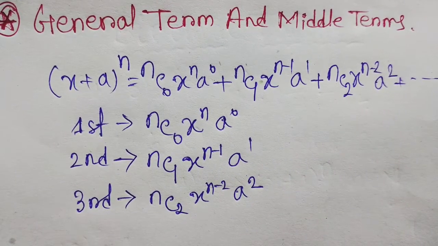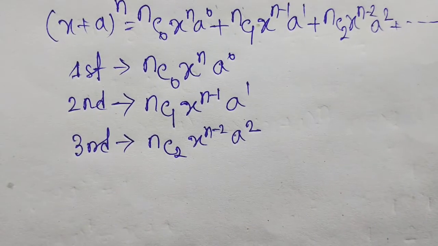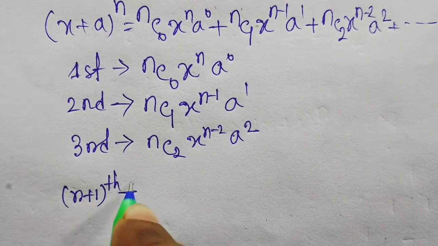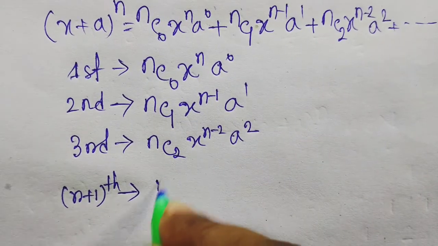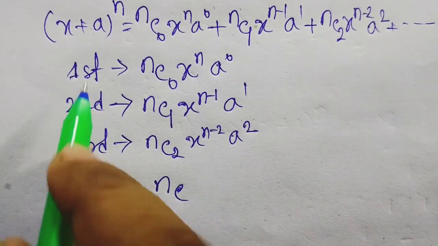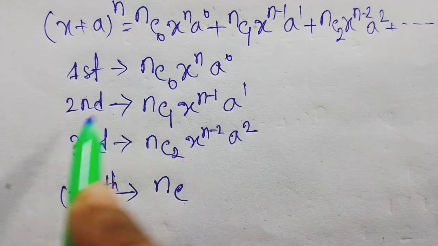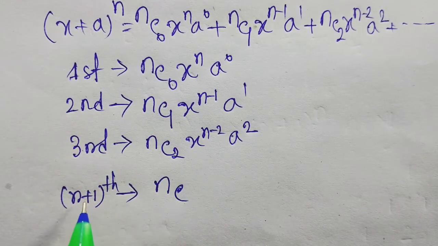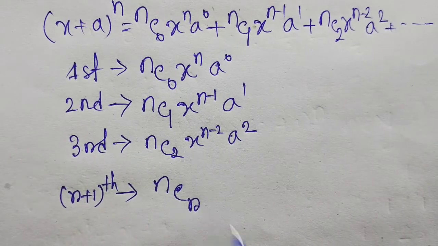So tell me, what is the r plus 1 term? So the r plus 1 term should be nc, where for the first term it is 0, for the second it is 1, for the third it is 2, for r plus 1 it should be r.